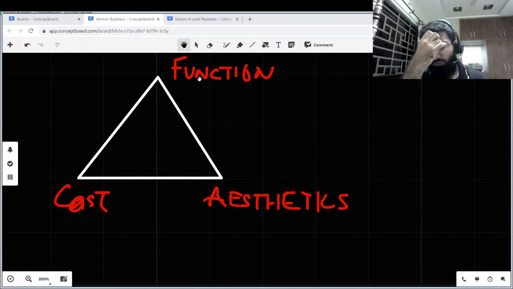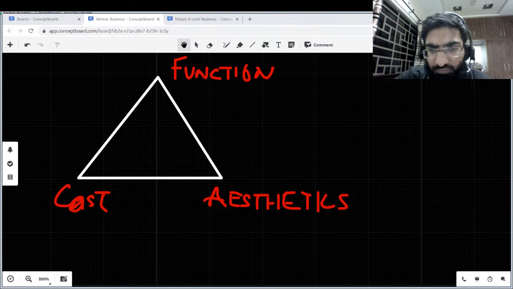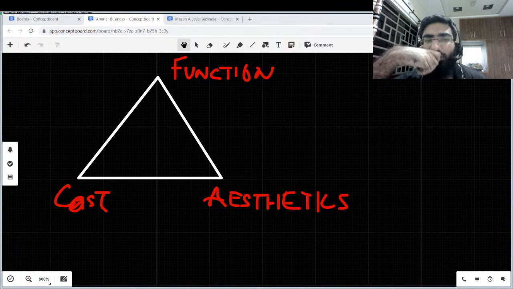For example, if I'm going to introduce functionality in the product, it would automatically affect cost and aesthetics. If I'm going to manage the cost of the product, it is going to affect functionality and aesthetics, and the same for aesthetics as well. If I want to add functionality to the product, it would cost more for creating a better quality product.